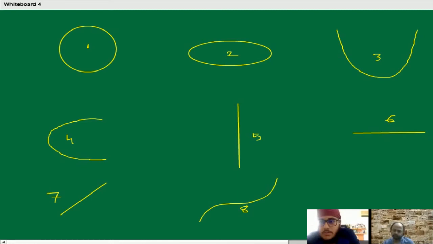Yes, sir. Number one can be identified as a function. Okay, 1 means circle. You think that can be a function? 8 cannot, sir.